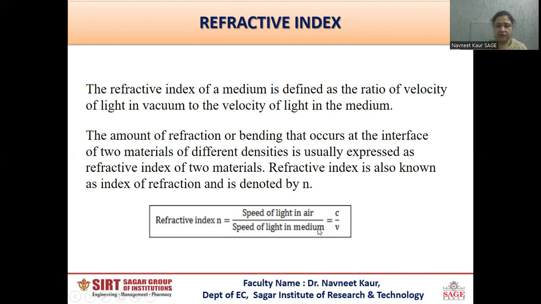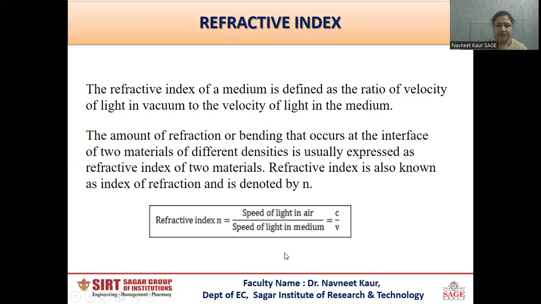According to this equation, it is clear that if the refractive index of the medium is high, the velocity of the light in that medium will be less. Whereas if the refractive index of the medium is less, the velocity of the light in that medium will be high, because the speed of the light in air is fixed. It is constant at 3 into 10⁸ meters per second.